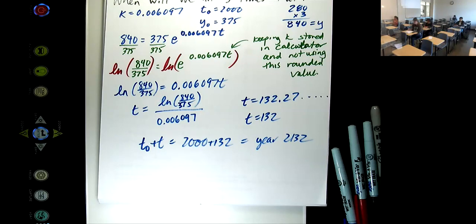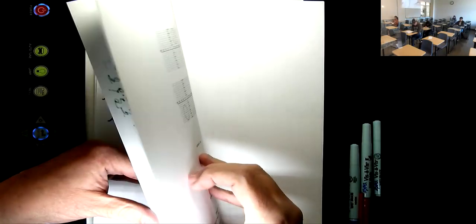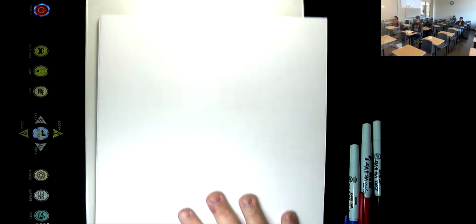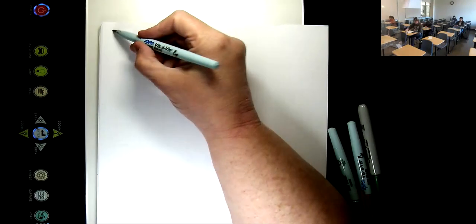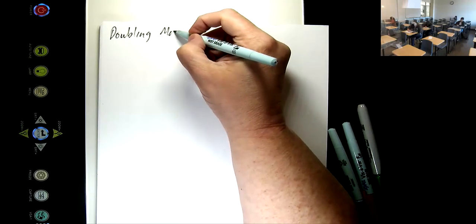The same kind of thing works with doubling time or finances. When you're working with finances, a lot of times you might want to know how long it takes to double your money at continuously compounded interest.